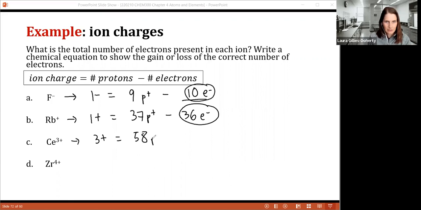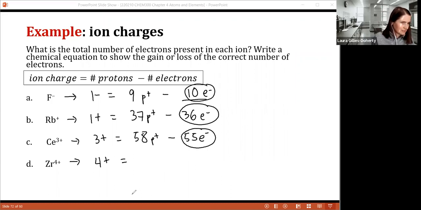It's its atomic number. 58 minus 55 will give you +3. 58 minus 55 equals 3. So the ion cerium 3 plus has 55 electrons. And the last one, zirconium, it's a 4 plus ion. So zirconium, by definition, is going to have 40 protons. Which means to be a 4 plus ion, it must have 36 electrons. 40 minus 36 equals 4.